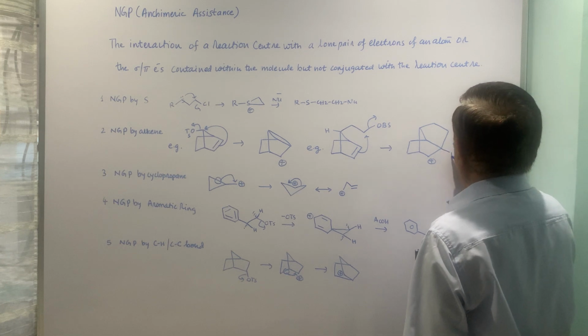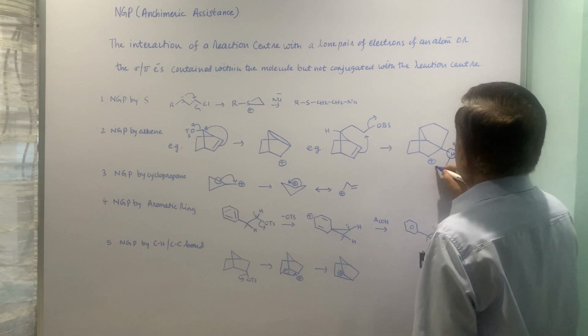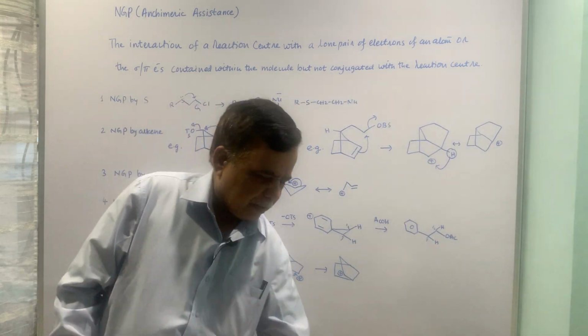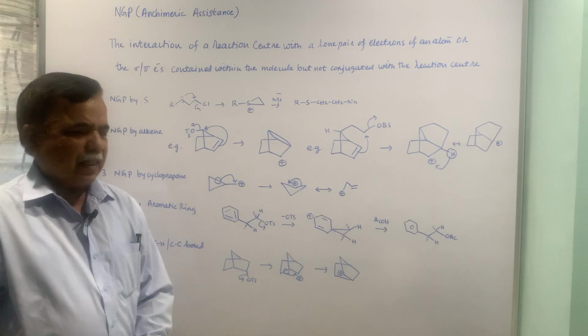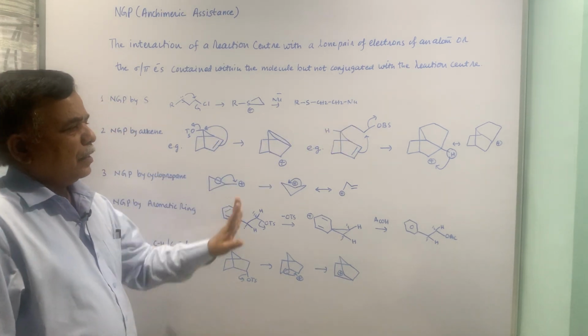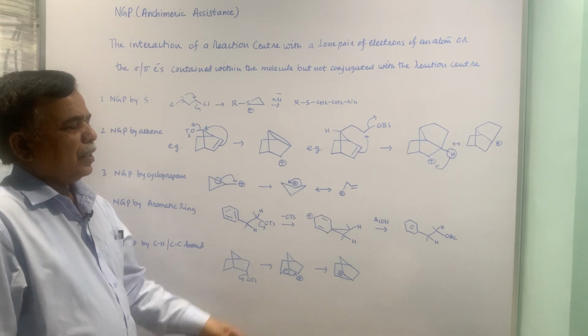Now this is when hydride shifts. So, that is possible. Wherever a carbonium ion is there, the Wagner-Meerwein rearrangement is associated with it. In this case you can see that the positive charge is shifted to the next carbon.